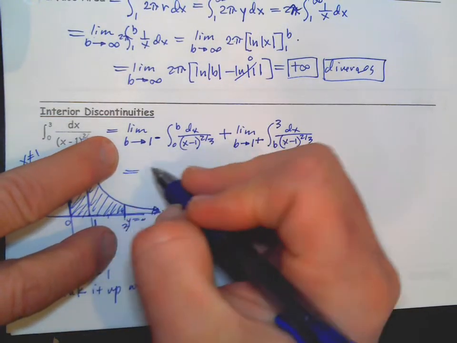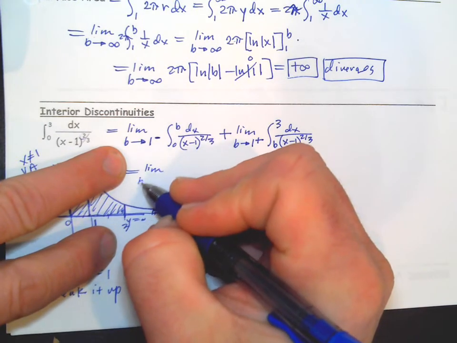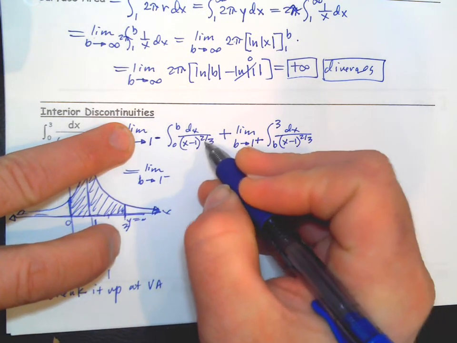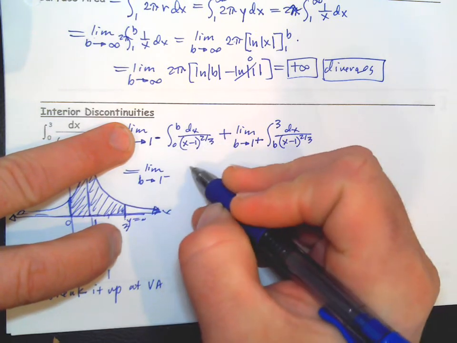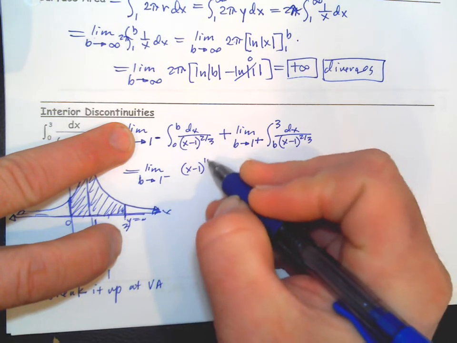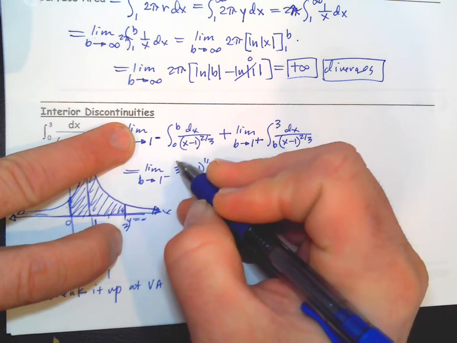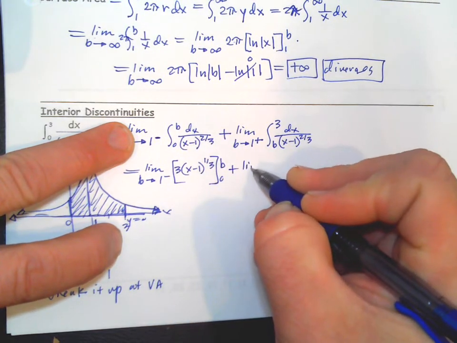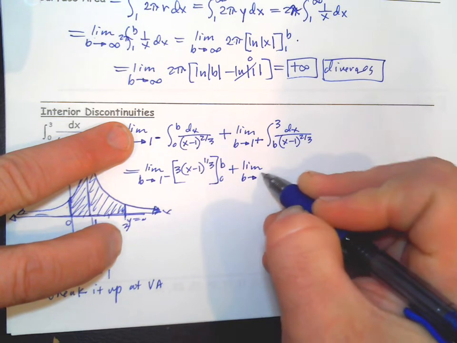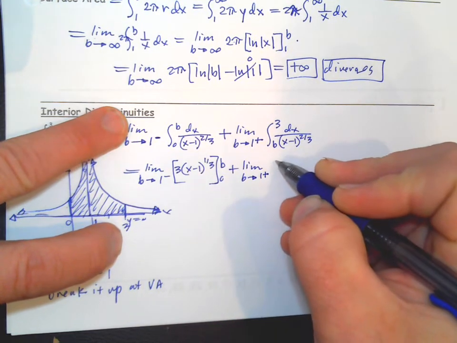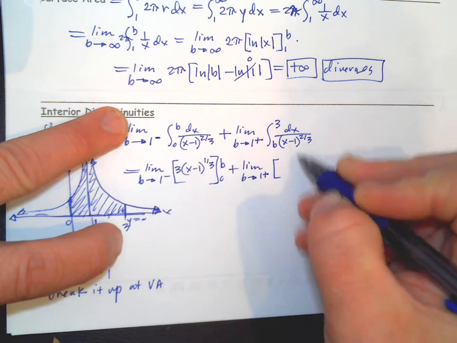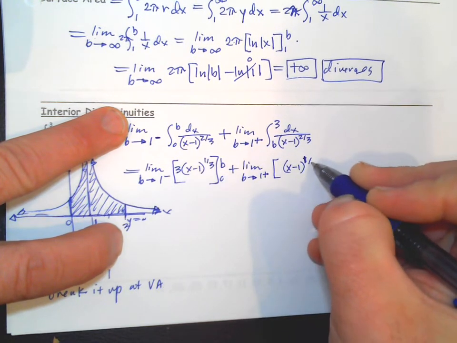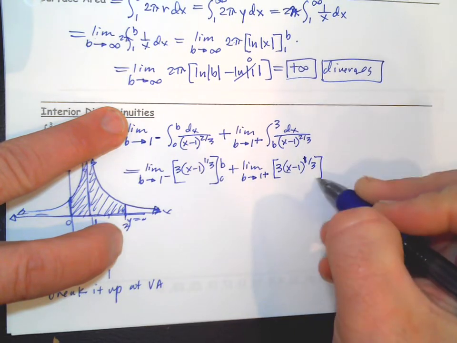A lot of the work is going to be just integration. So we've got to figure out, how do you integrate? That's the power rule. That's the negative 2/3. So it's going to be (x minus 1) to the positive 1/3 divided by the new exponent. And this one on the right side, it's the same antiderivative. When you split it up, you're still going to get the same antiderivative for each of them.